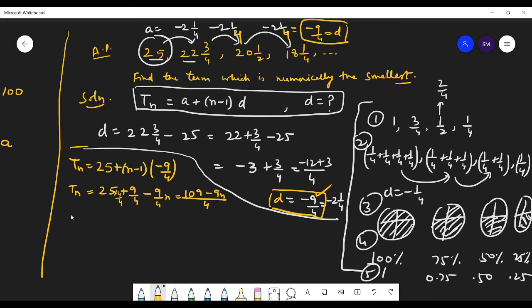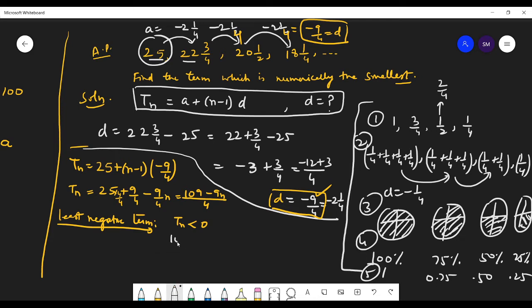Now I told you we have to find the least negative term. Least negative term. That's our target to find. So for the least negative term, Tn will be less than 0.